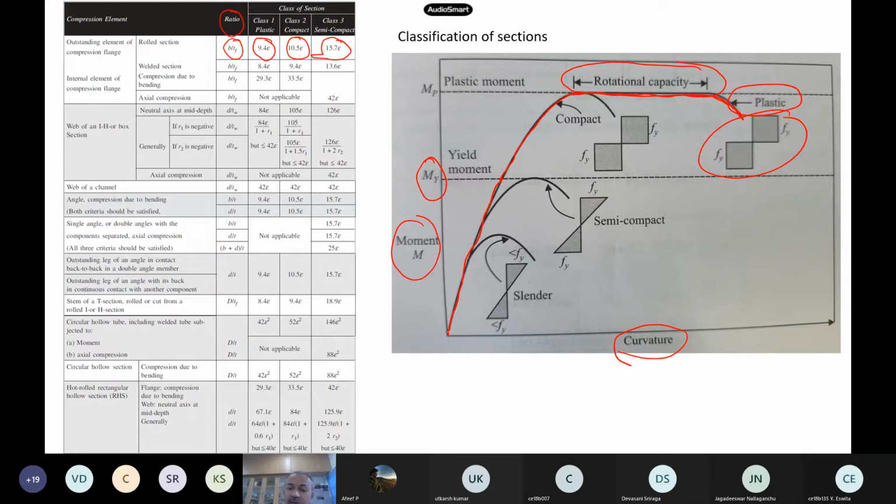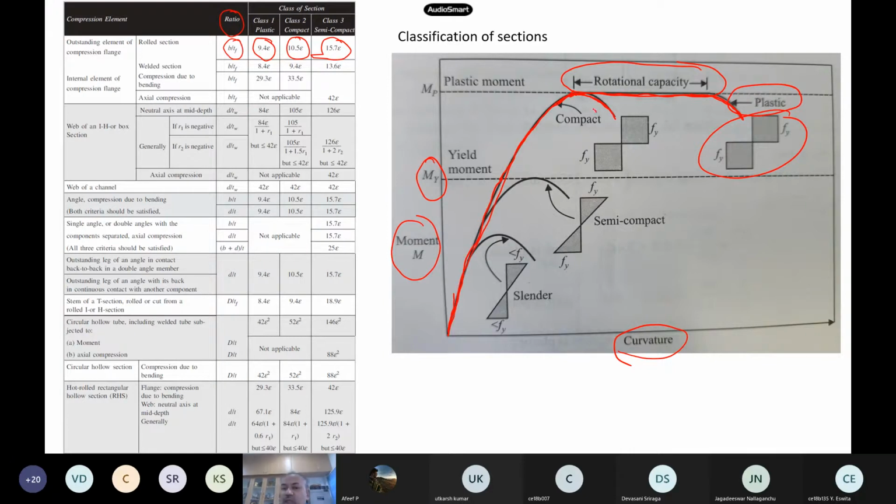Then there is another section which we call the compact section. The compact section also looks like this. It reaches the plastic moment, but once it has reached it, local buckling or something may happen. It will not have additional rotational capacity; it just collapses suddenly. After reaching M_P, it will not stay for some amount of time.